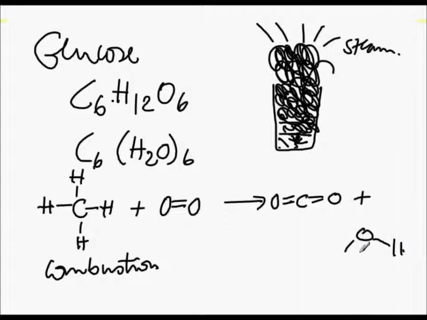I'm displaying everything now, but more normally you would probably write the methane, and then you'd have to count the C and the H's, and balance that.